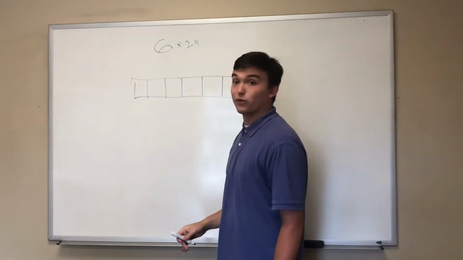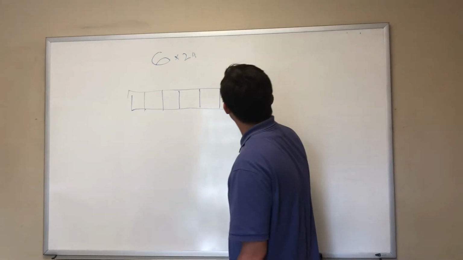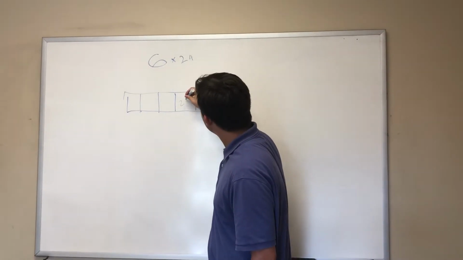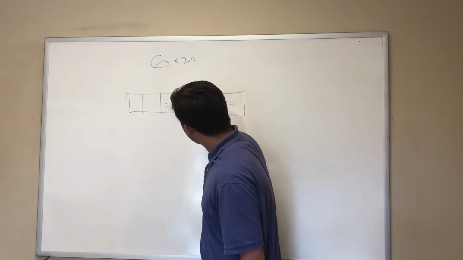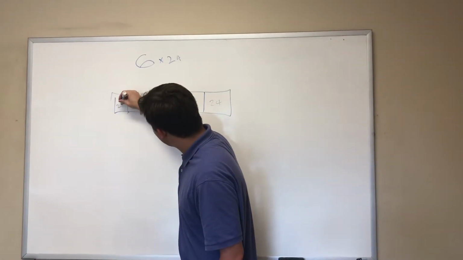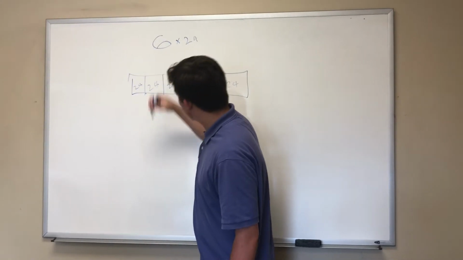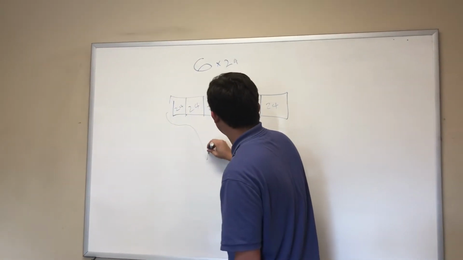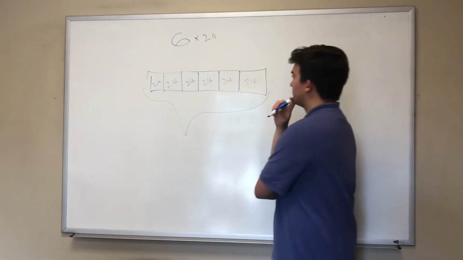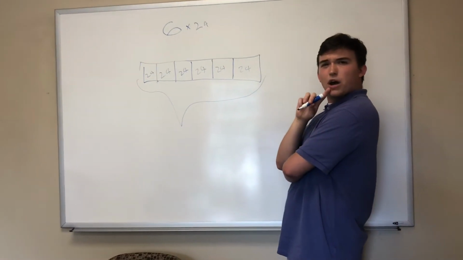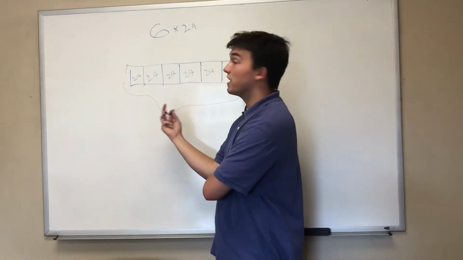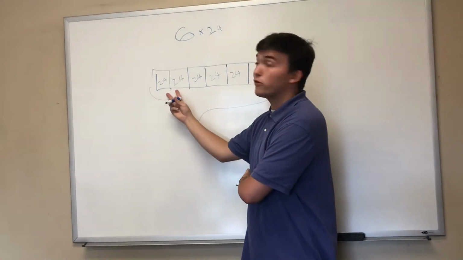We still gotta do something with that 24. So let's put 24 in every single box we got here. 24, 24, 24, 24, 24, and 24. I don't know where to start. Maybe it would be easiest to just take it small. 24 plus 24.